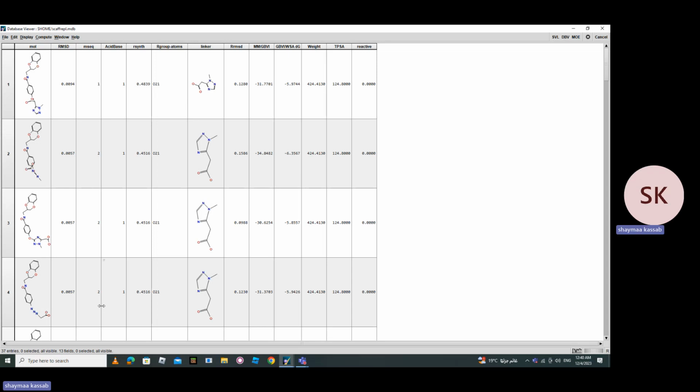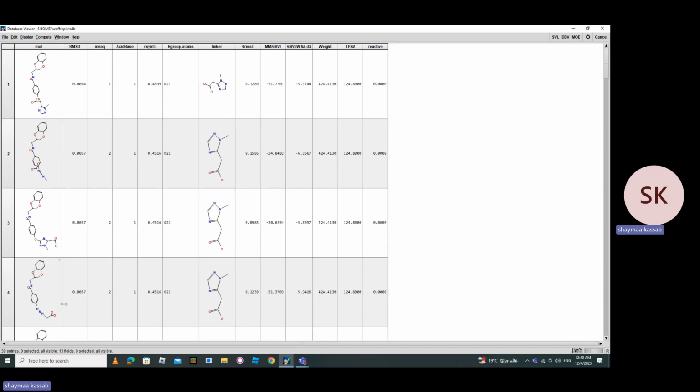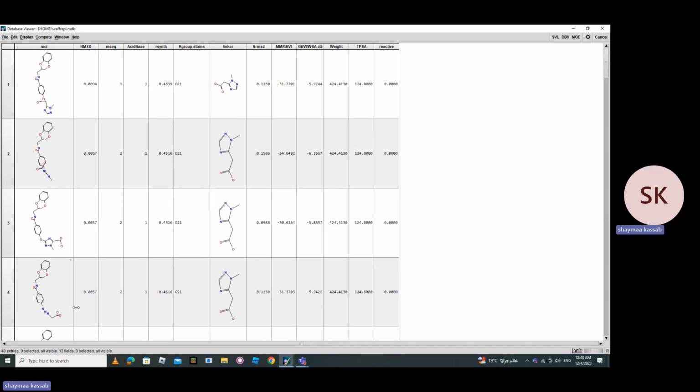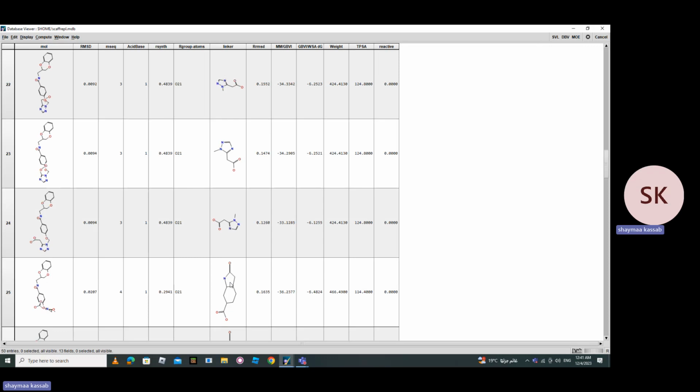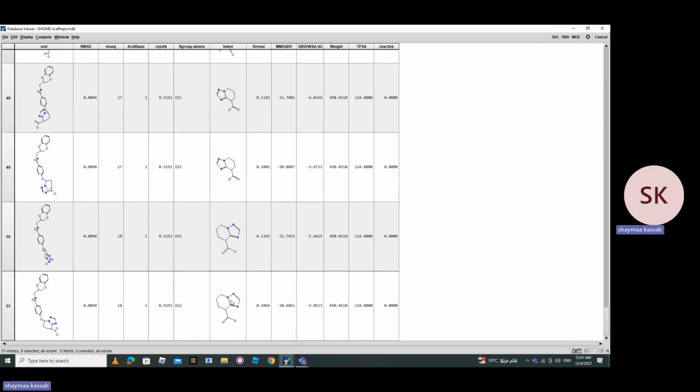eyeballing is important here because sometimes you don't prefer to involve a certain linker and you prefer another linker, something like you prefer to insert triazole and you do not prefer to use, say, a thiophene group.